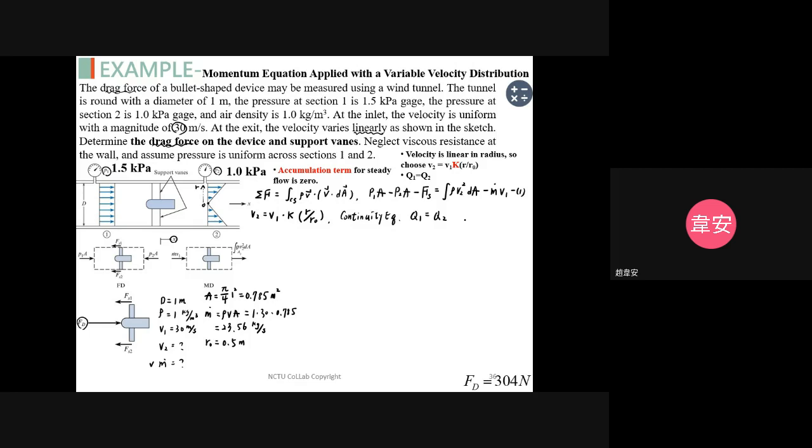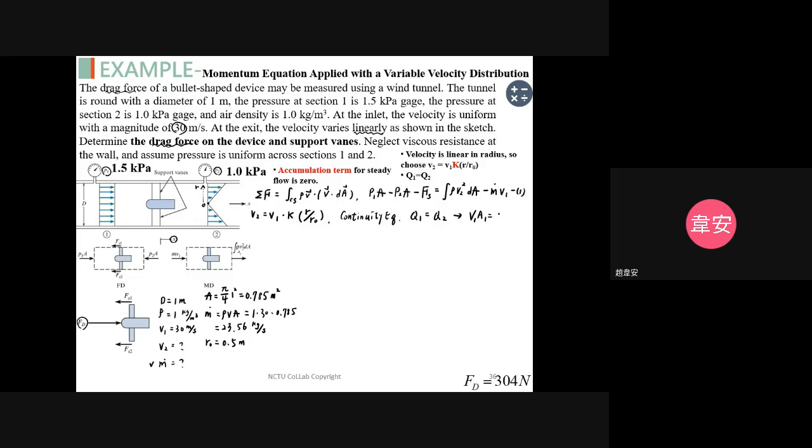This indicates V1 A1 is equal to V2 A2, right? But right now our V2 velocity is non-uniform, so we cannot use the equation V2 multiplied by A2.